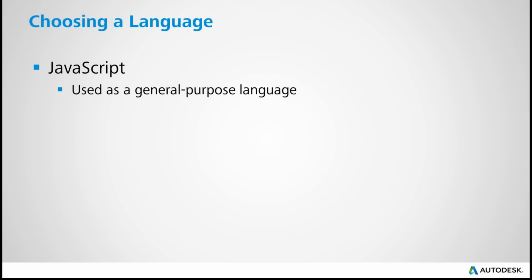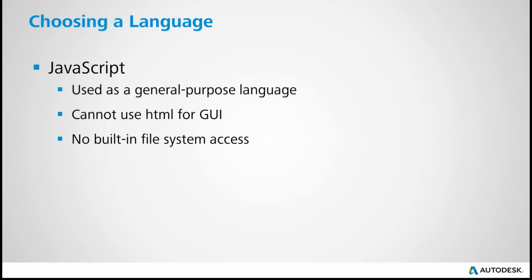With JavaScript, you generally think of it as being used to drive a web page. It's all the intelligence behind the web page, but here it's being used just as a general purpose language. And in fact, you don't have a web page, so you can't display any HTML, at least today. Hopefully that will change in the future.